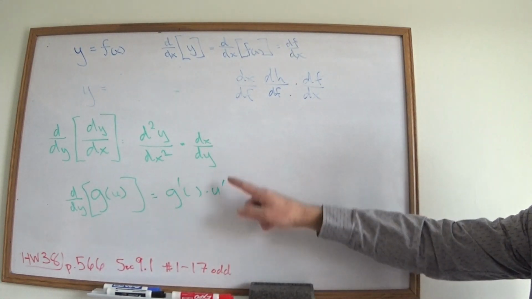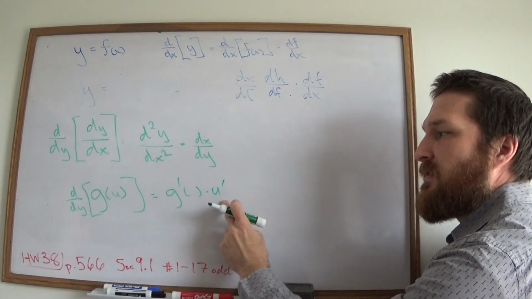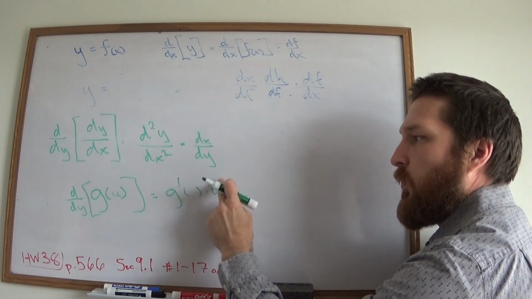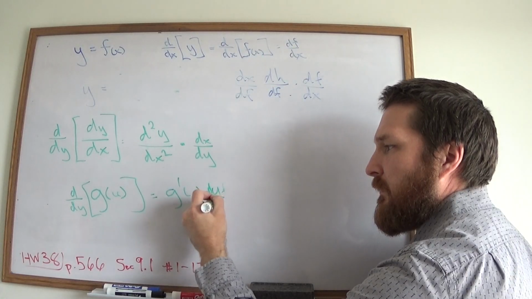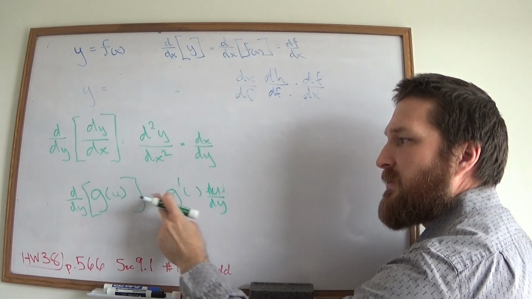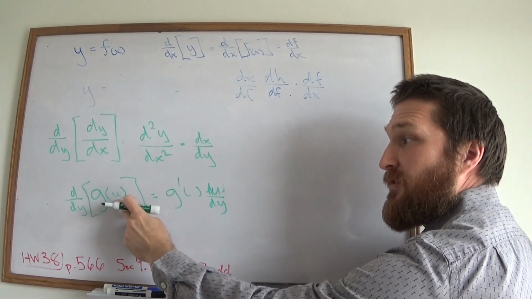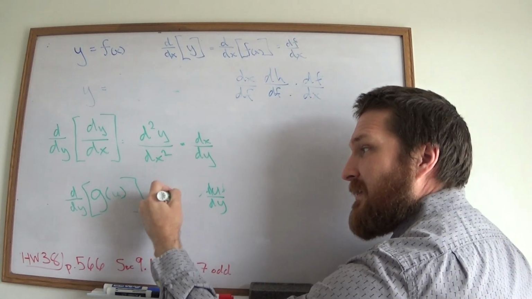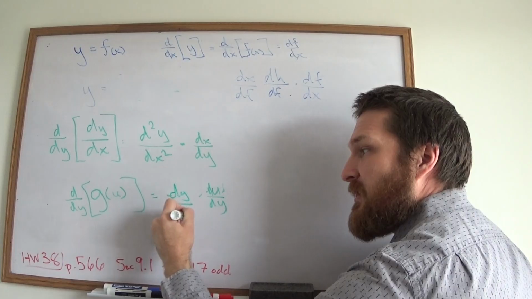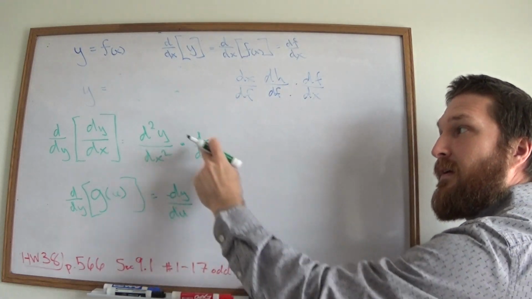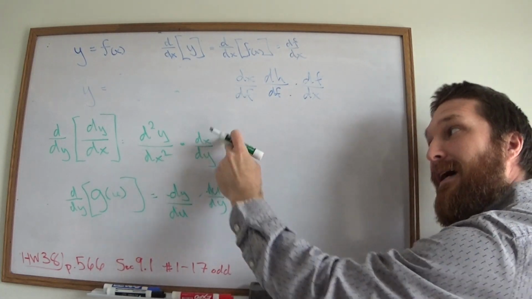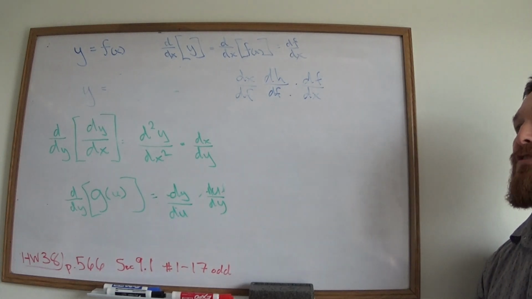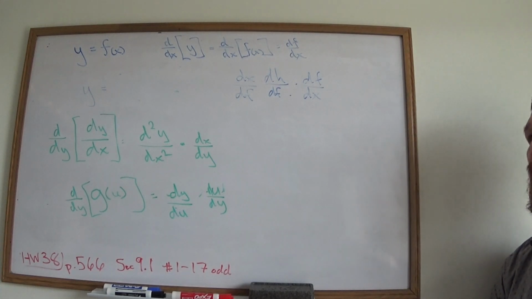That's what we're doing right here. But it's the derivative of u with respect to y, and here you're taking the derivative of g with respect to u. So this is dg du, du dy, dy dx, dx dy. It just so happens that the second derivative works out that way.